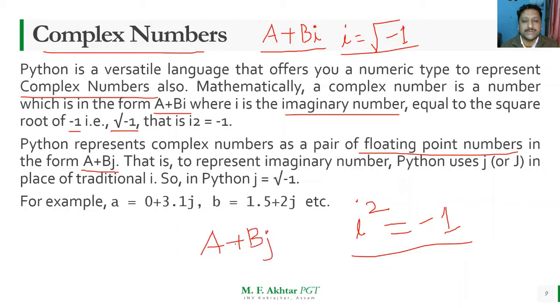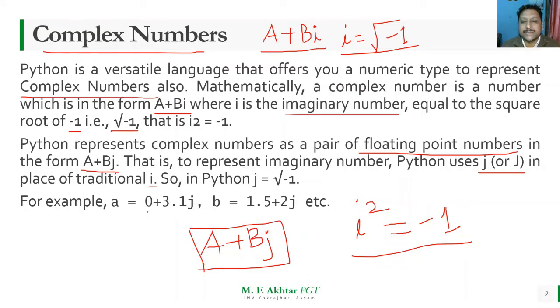In Python, to represent the imaginary number, we use j or capital J in place of the traditional I. So in Python, j equals root under -1.